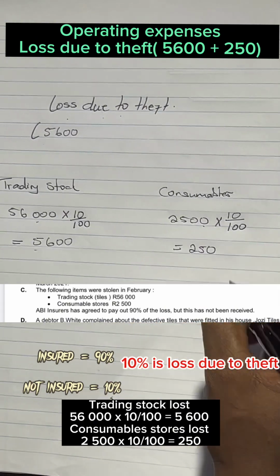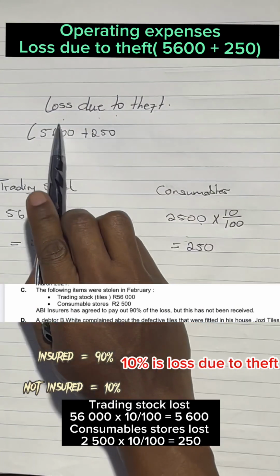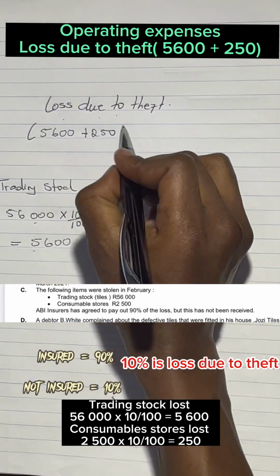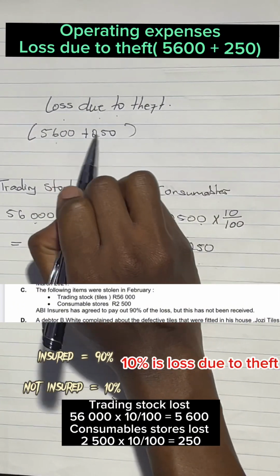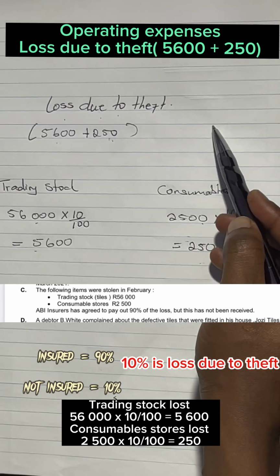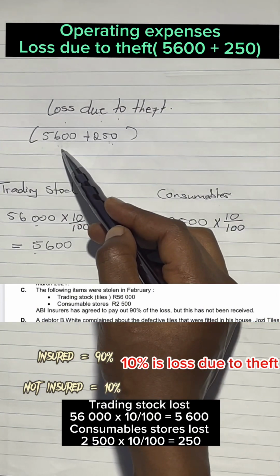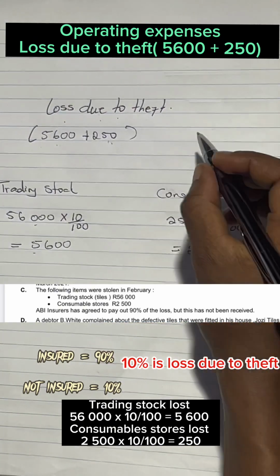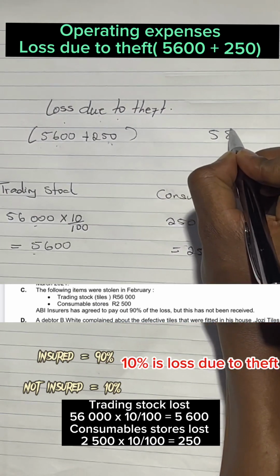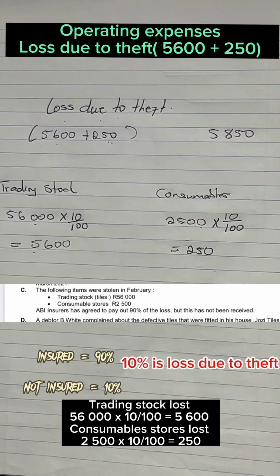Then we take our 250 plus our loss due to theft, and we add these two. Our final answer in our income statement will be 5,600 plus 250, which is 5,850.